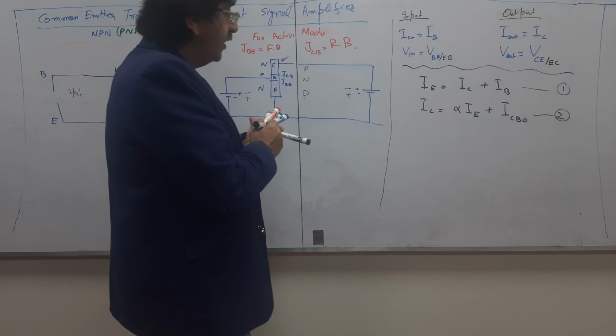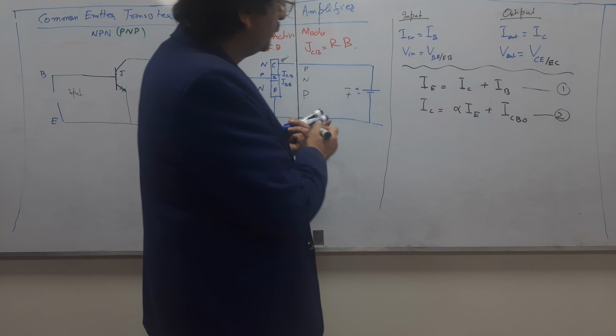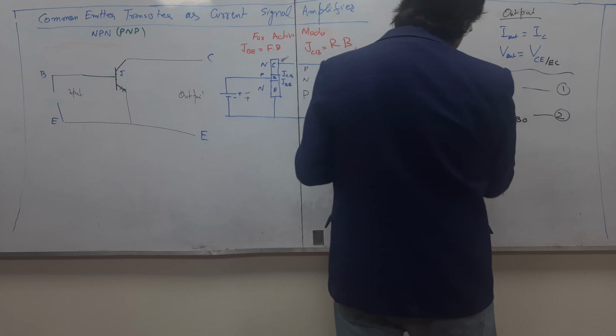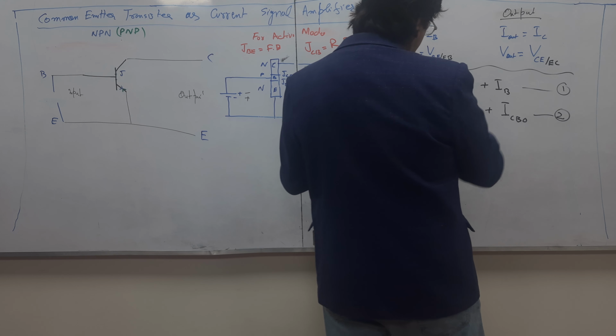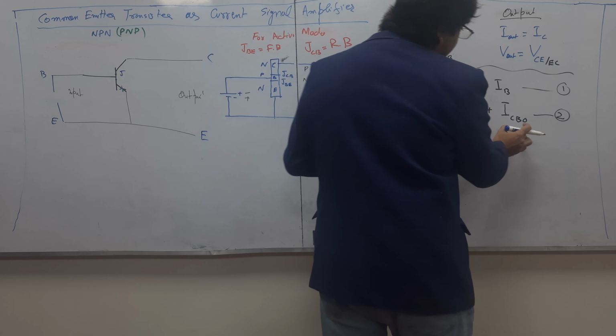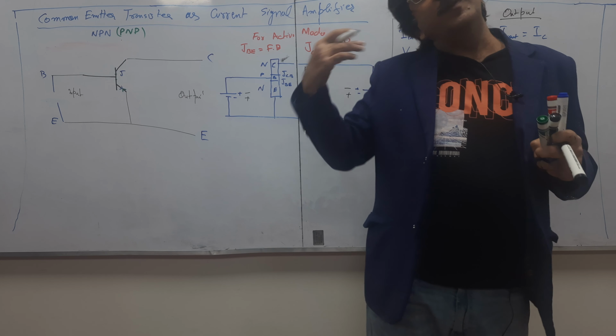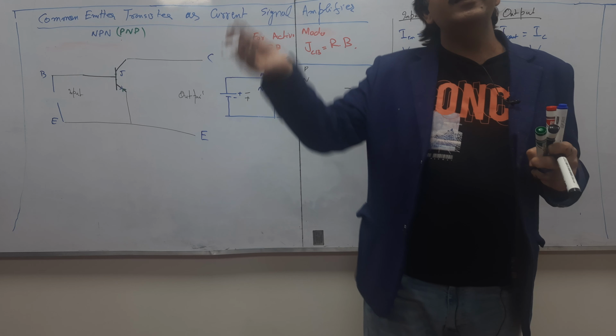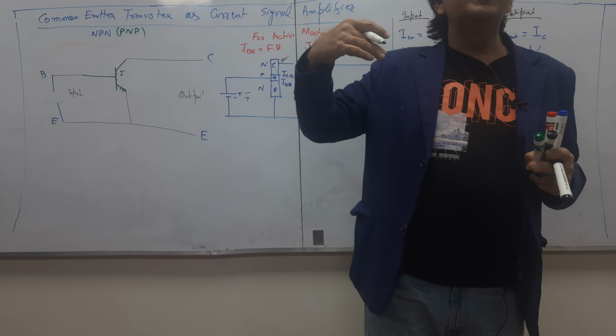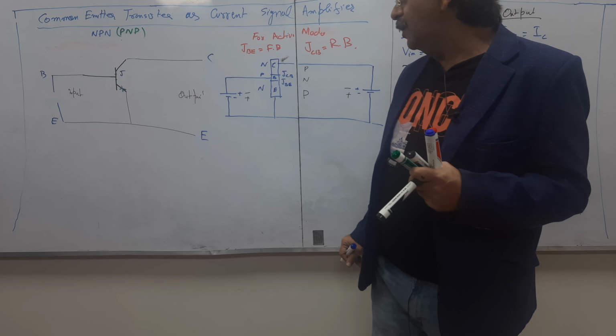If I put this value in this equation, because this current is actually the common base current and represents the common base transistor, but I have to convert it into the common emitter current.